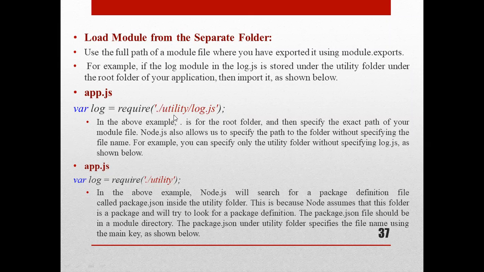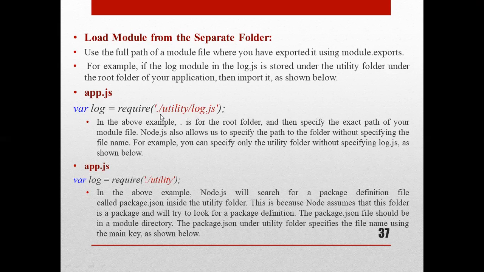Here we can pass the parameter to the require function as the path of that module. Here you can see dot means the root folder, then the subfolder of that root folder, that is utility, and the module name. That means this module is stored in the utility folder, and this utility folder is in the root folder.